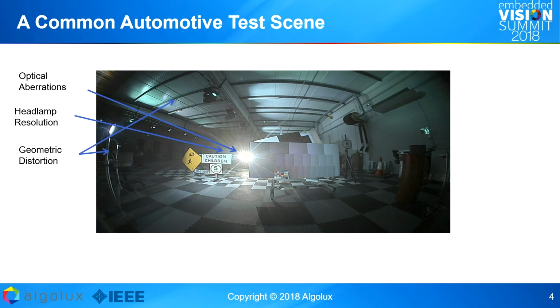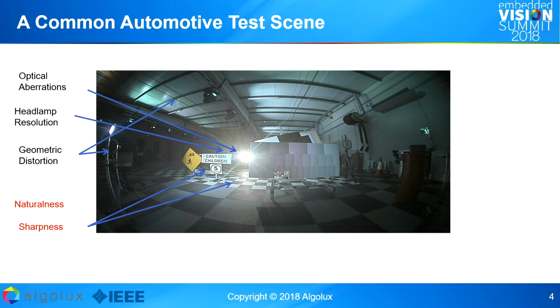What you can also see here, and this especially matters for rear view cameras, are optical geometric distortion and severe chromatic aberrations due to severe off-axis PSF spread. What you can also evaluate with such a test scene to a certain extent is the naturalness of the scene.